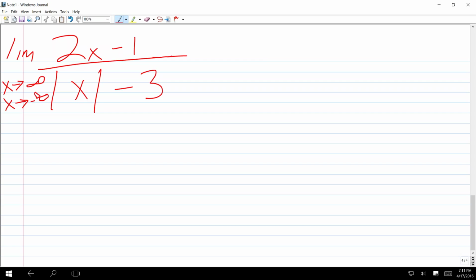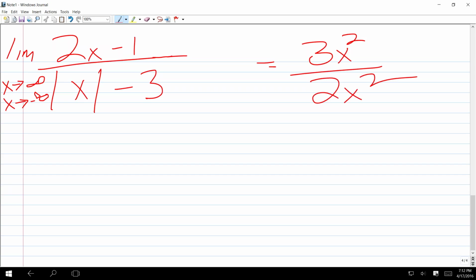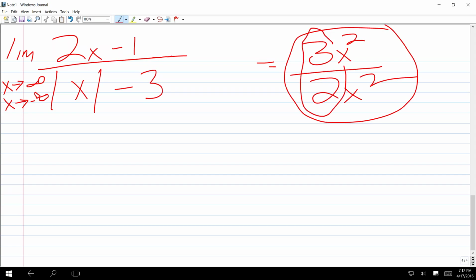All right. Let's take a simple example. Mm-hmm. Let's take 3x squared over 2x squared. If I'm taking the limit of this thing here as x goes to positive infinity, Mm-hmm. because the exponents are the same in numerator and denominator, it goes to that ratio.